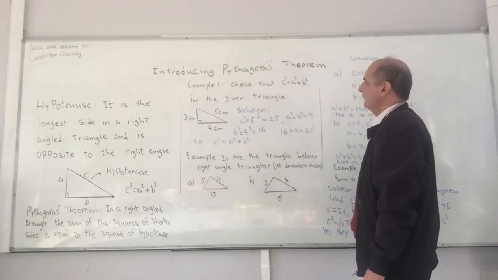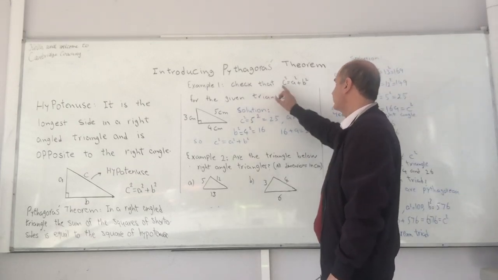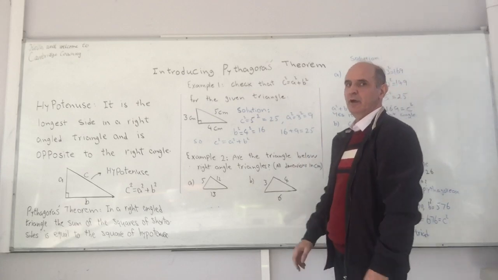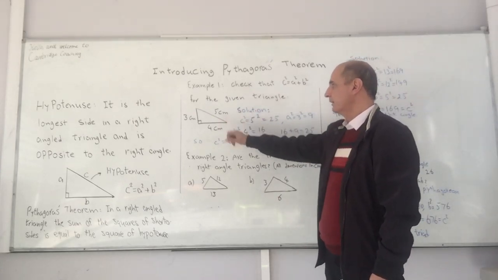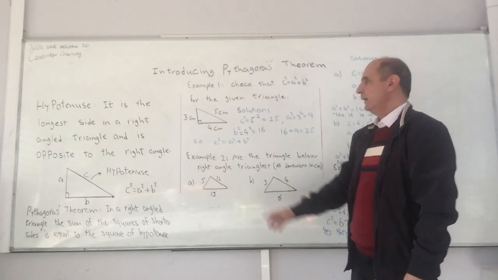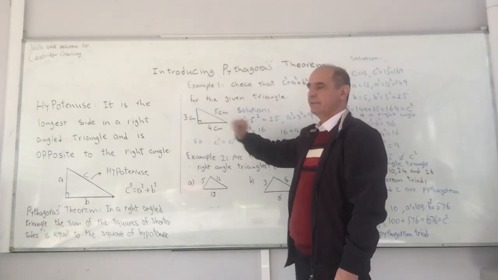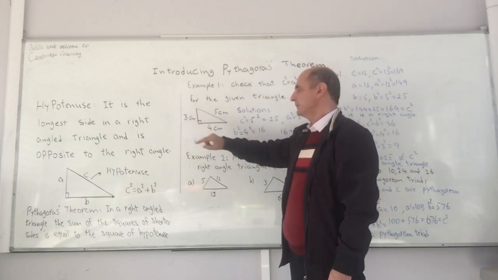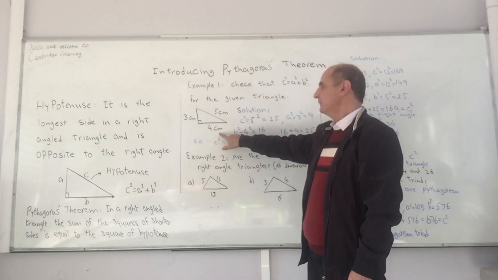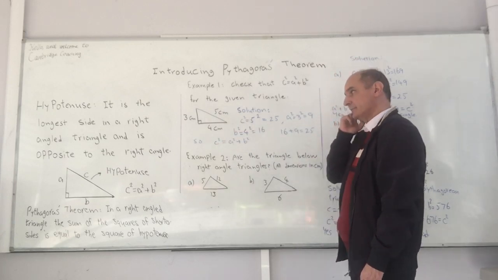We've got a couple of examples here. Example 1, check that c squared is equal to a squared plus b squared for the triangle given below. Here we have this triangle, it is a right angle. One side is 3 centimeters, the other one 4 centimeters, and the other one 5 centimeters.